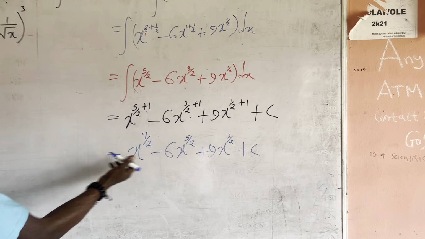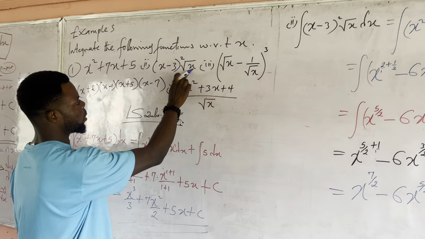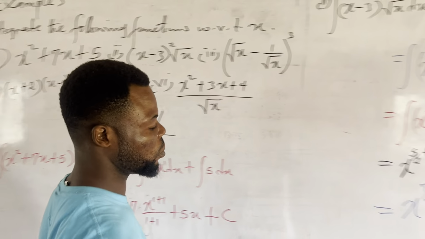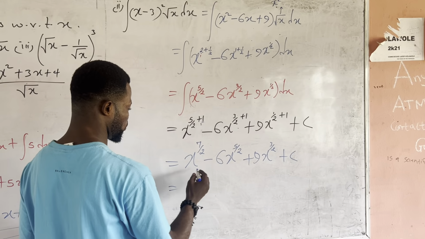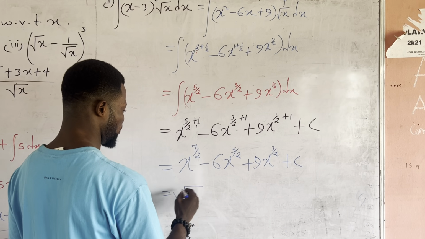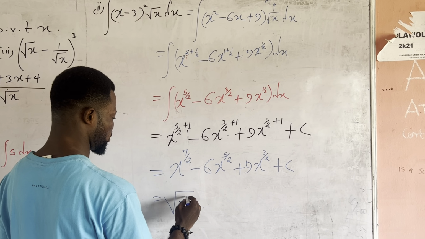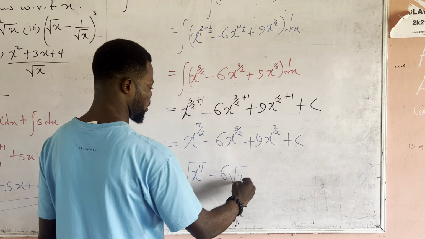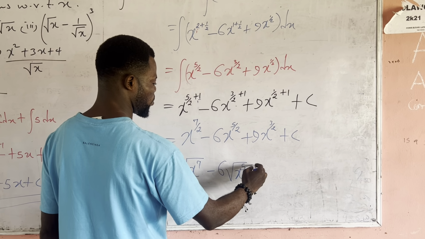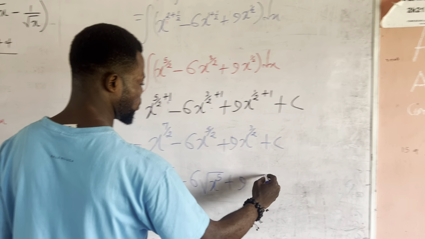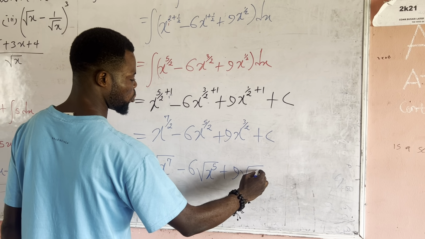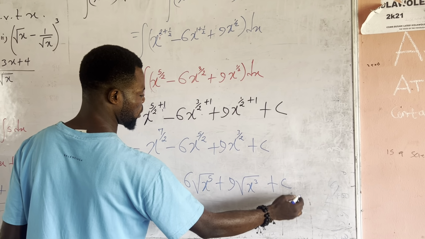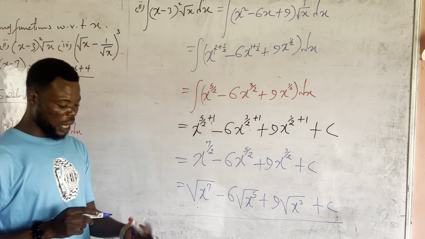If you wish, we can take it back to the root form, and that means this will be equal to the square root of x to the power of 7, minus 6 root x to the power of 5, plus 9 root x to the power of 3, then plus c. So this is the answer.